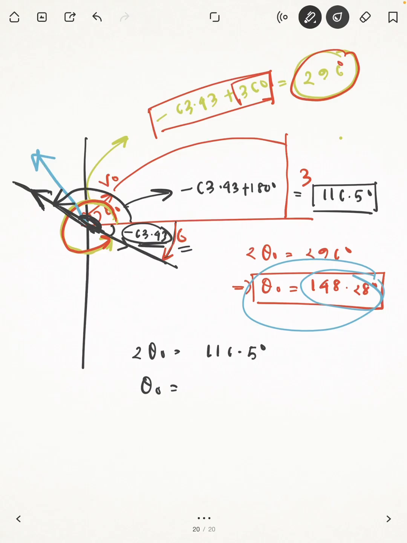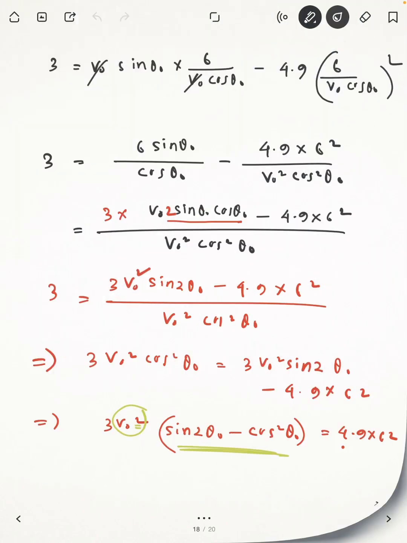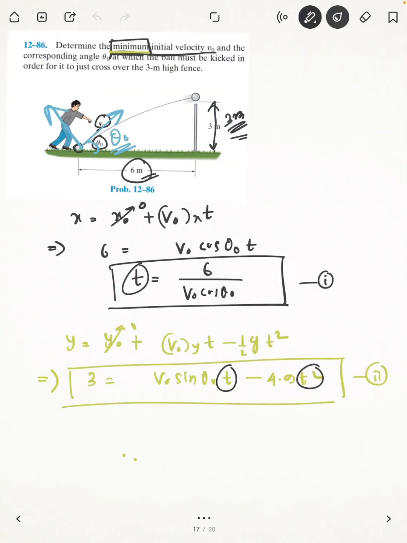What should be theta naught? 116.5 divided by 2, it is 58.25 degree. So now if I go here, yeah, it can be 58.25, okay, because it's an acute angle. It is an acute angle, so it's less than 90 degree, it's not greater than 90 degree.